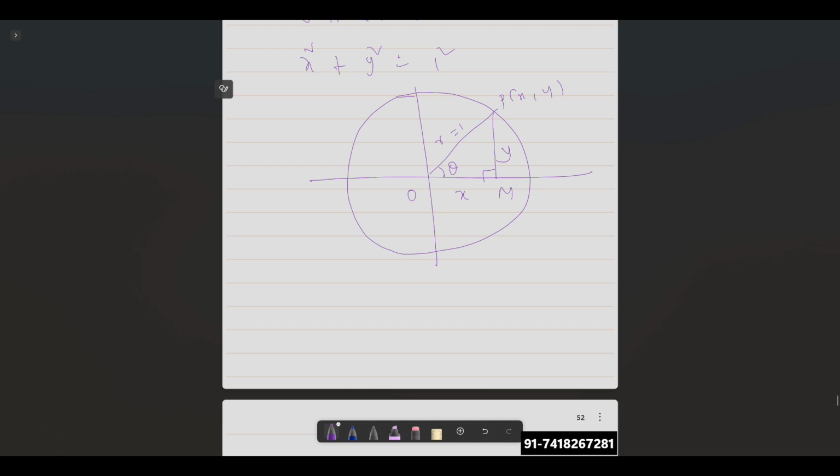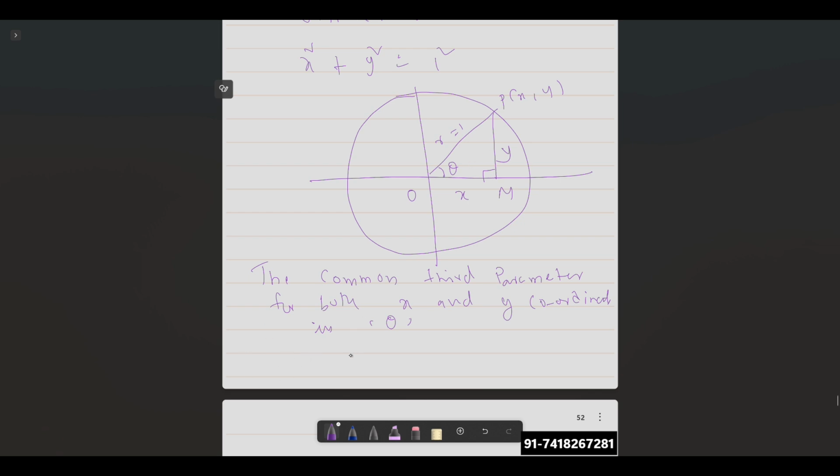We also call this a polar form. So now the third parameter, common for both x and y coordinates, is theta.